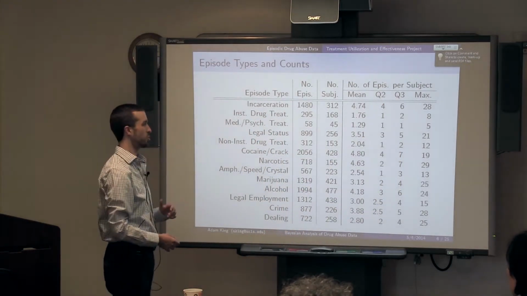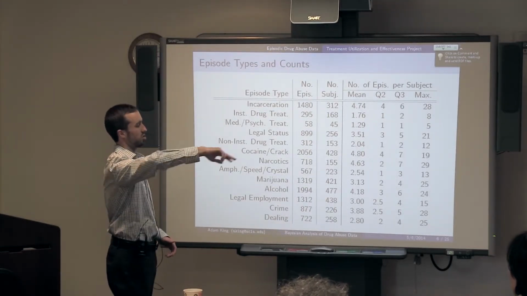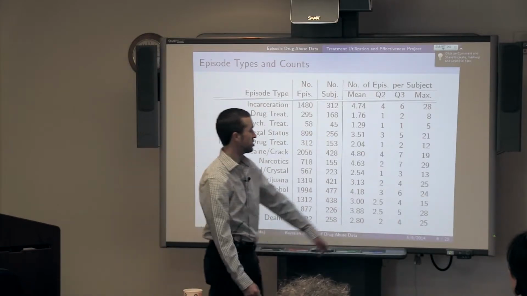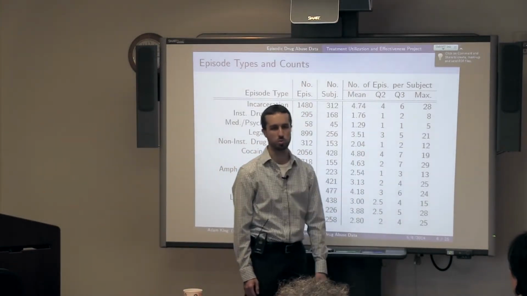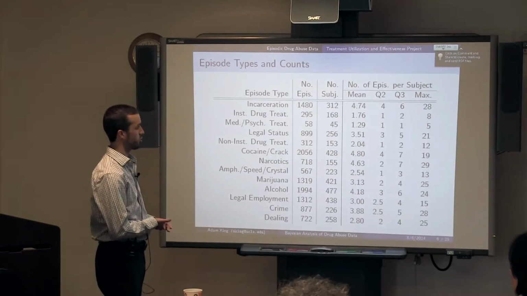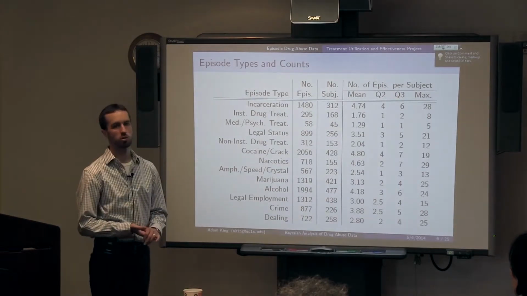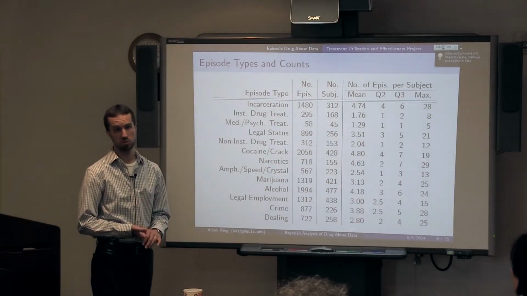You have most people with moderate numbers of episodes, but then you have this long tail of really far outlying people. So there are definitely a small minority of people who are contributing very large numbers of episodes.